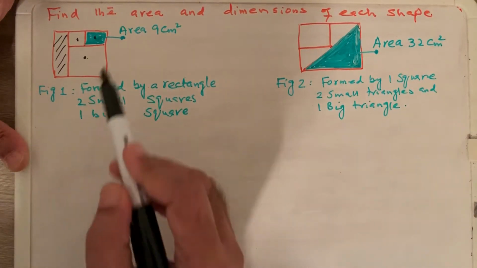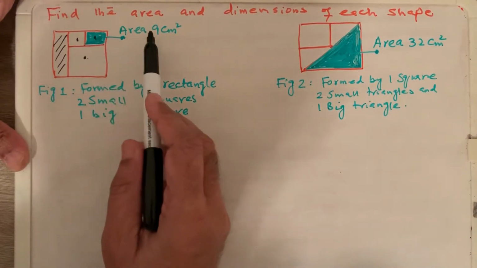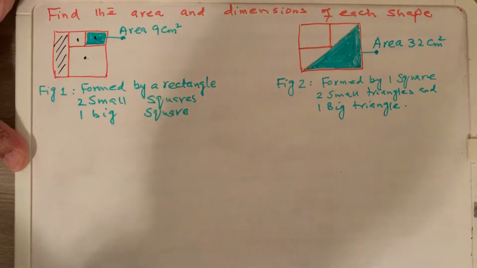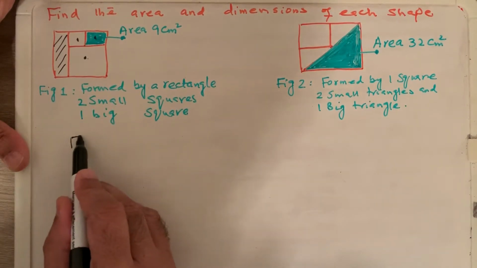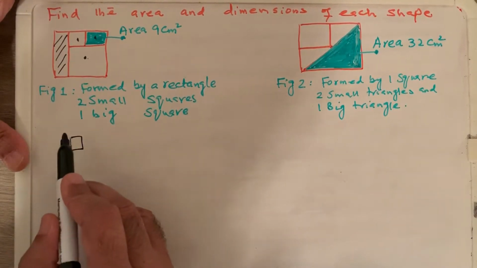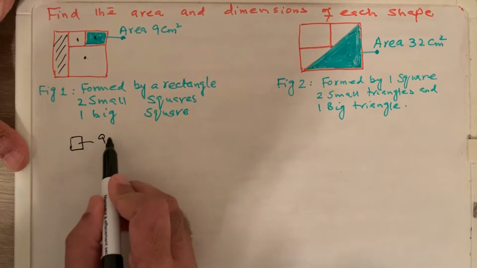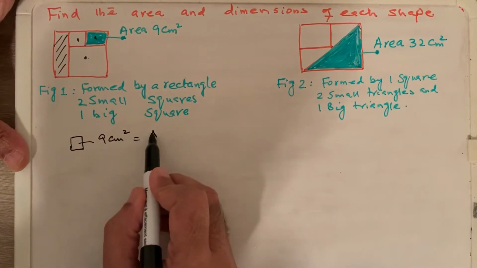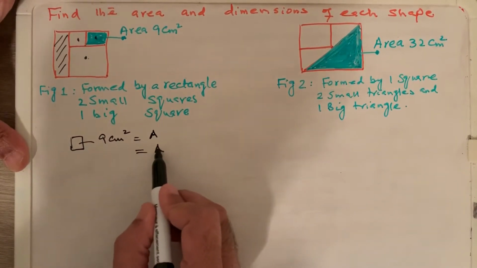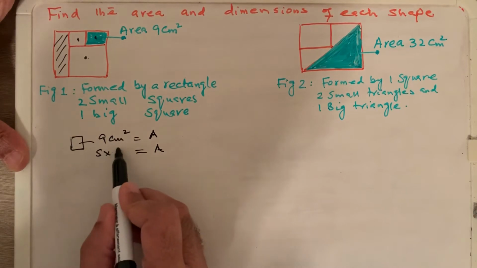Only one thing is given: the area of the small square, which is 9 centimeter square. We know that area is equal to side times side.